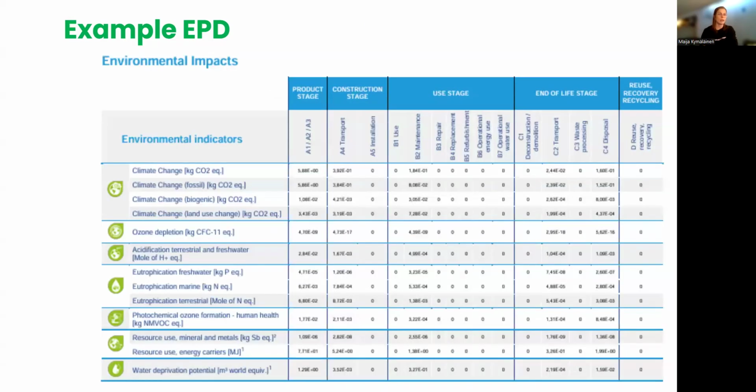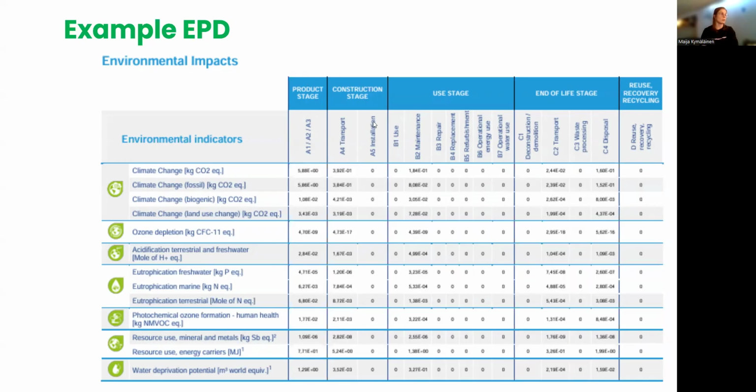And then once we've read through all that information about the product, about the EPD, we find the environmental impacts. So as this was made according to EN 15804 plus A2, we have 4 different climate change indicators. So we have the total, fossil, biogenic, and land use change, all declared here for different stages.